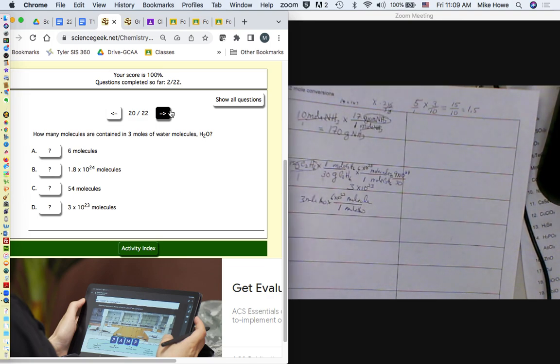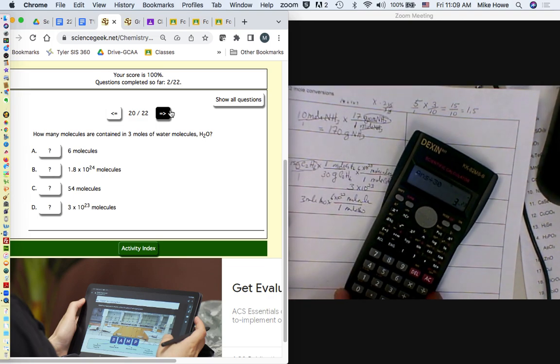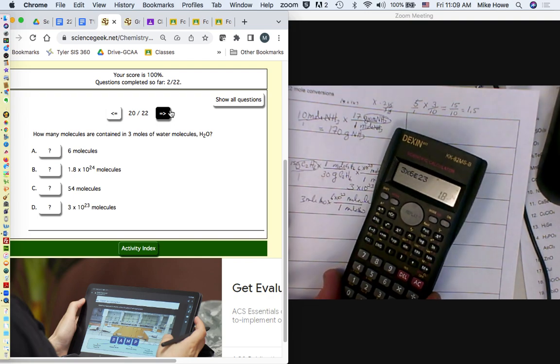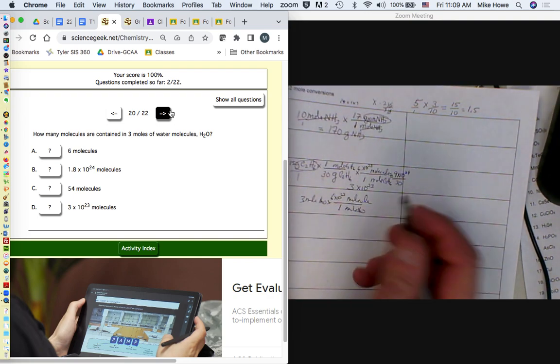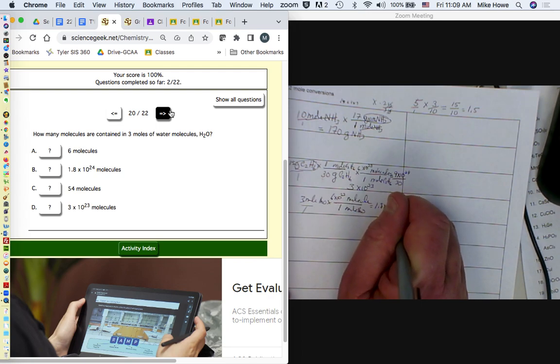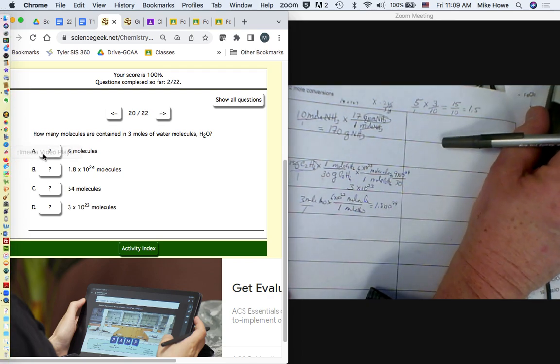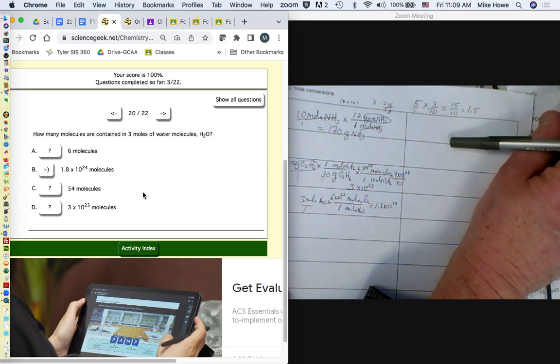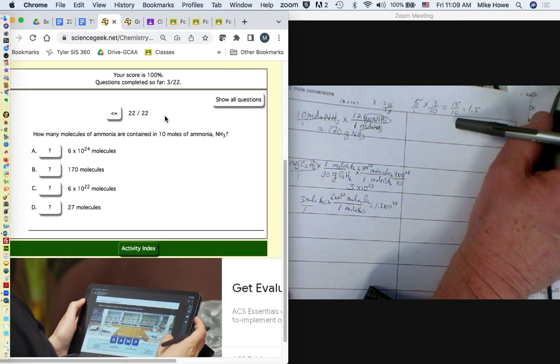So now we have to multiply things across the top, so we'd say 3 times 6 EXP 23 equals 1.8 times 10 to the 24th. And there's nothing on the bottom to divide by because that's an invisible 1, so it equals 1.8 times 10 to the 24th. Is that a choice? Oh look, it is a choice.